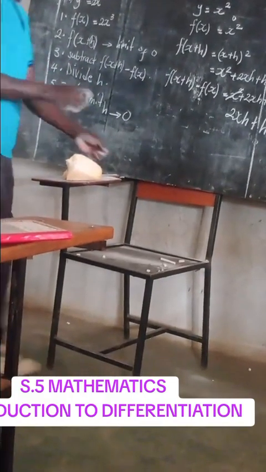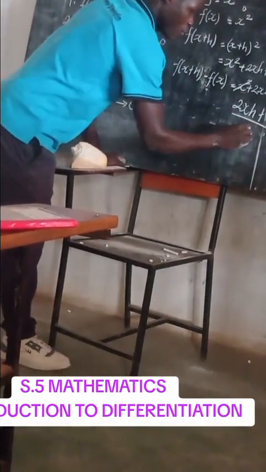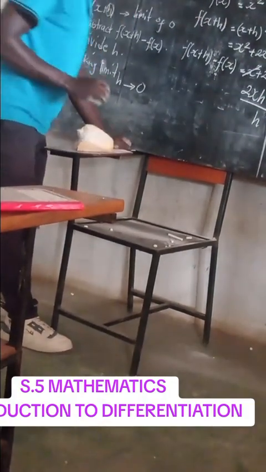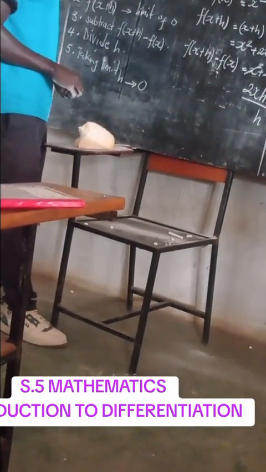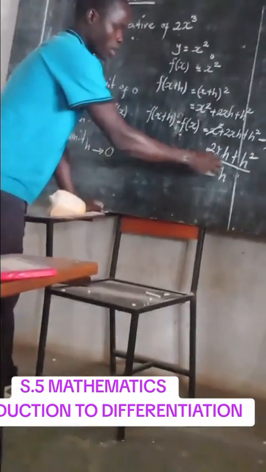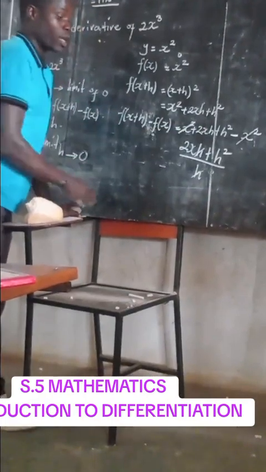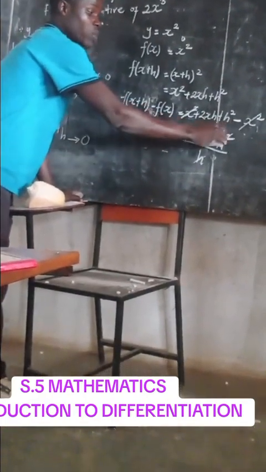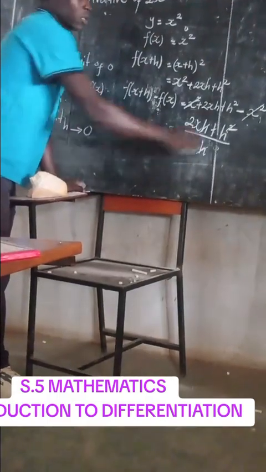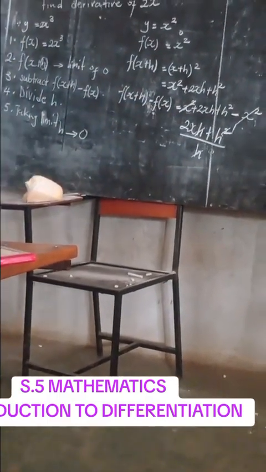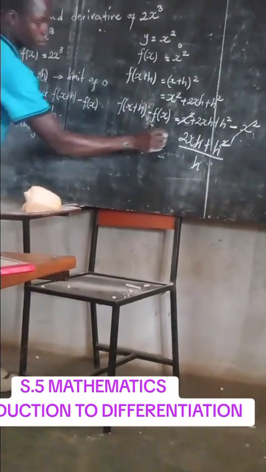So we divide the whole term by h. Wherever you see h, we are supposed to cancel it out. So here we have h and h squared, so we are going to only remove one h. Then the remaining is 1.